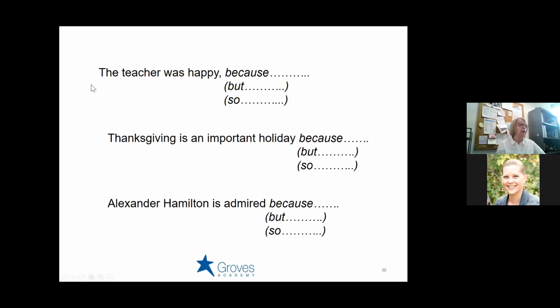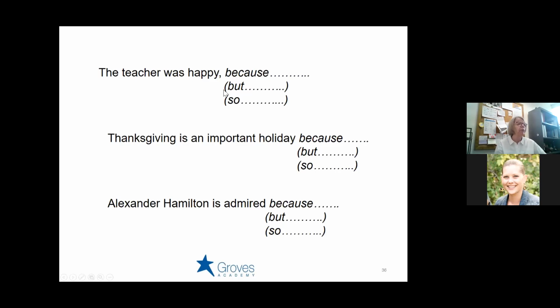So the first one, the teacher was happy, and then the student has to complete the sentence 3 times using because, but, so. So this could be something like, the teacher was happy because she loved her students.